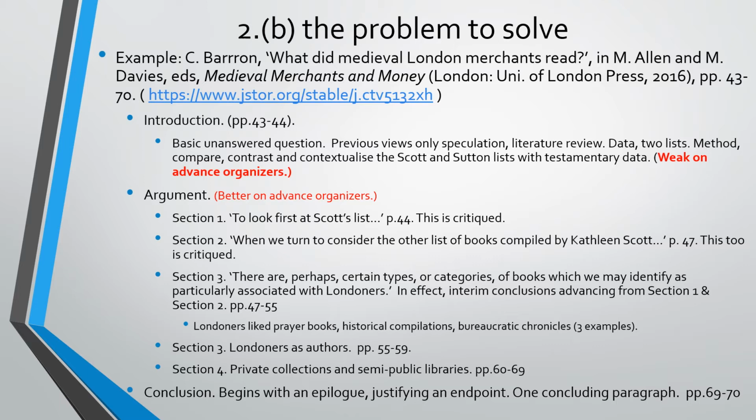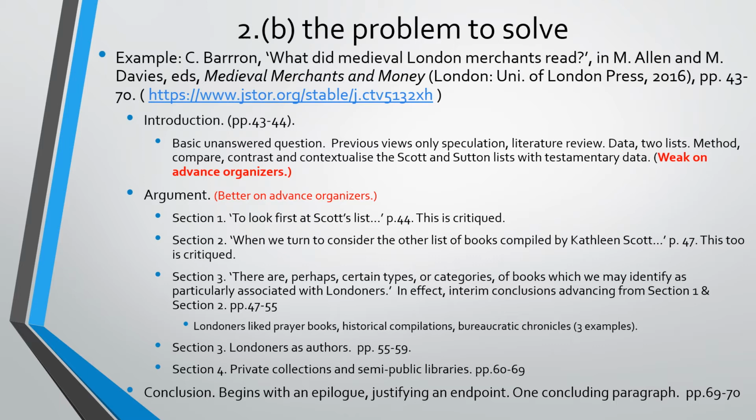You can download it and read it. So you'll note here that Caroline Barron is a very respected historian who's now in her 80s, was in her late 70s already when this was published. She more or less has used this solve a problem framework.